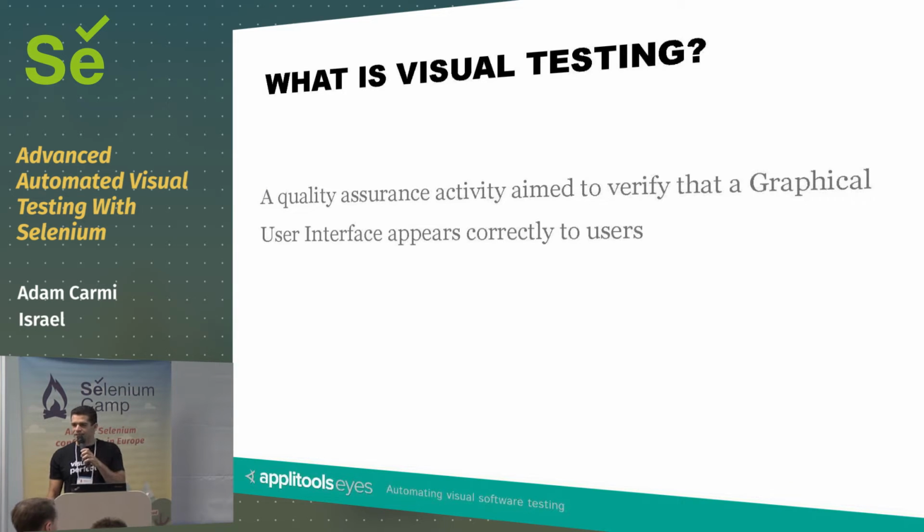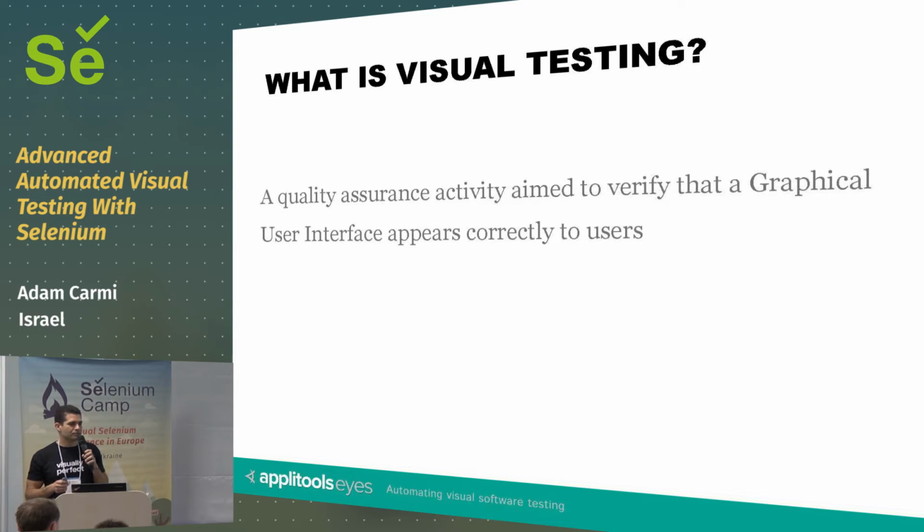So what is visual testing? It's a quality assurance activity that is aimed to verify that the graphical user interface appears correctly to the end user. Now, this goes beyond the traditional functional testing that you used to do with tools like Selenium and Appium and others, where you verify the functionality of the application through its UI. What we are focusing on here is making sure that the UI itself appears correctly to the end user.